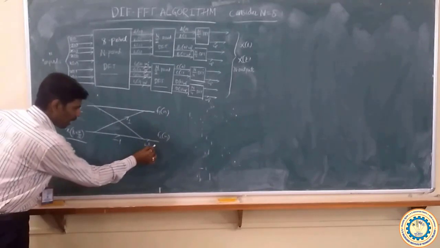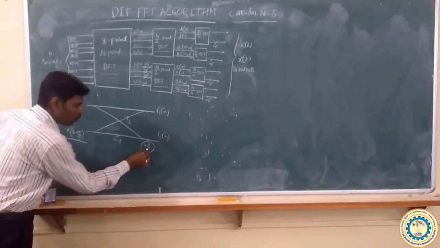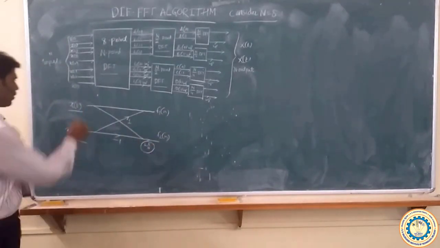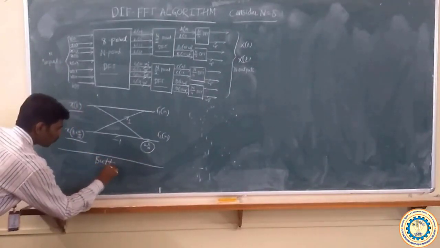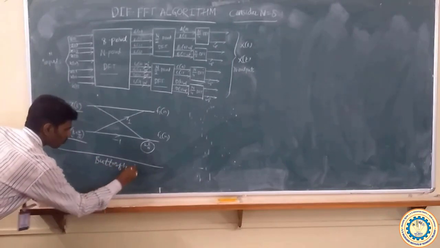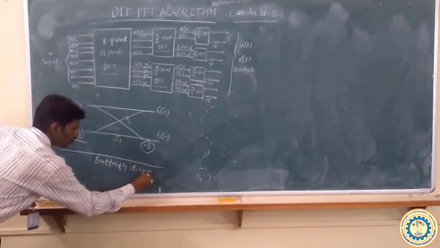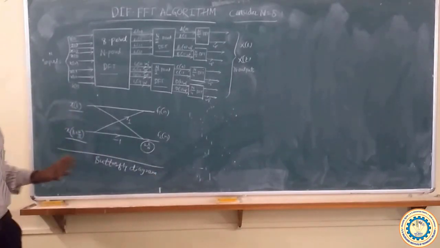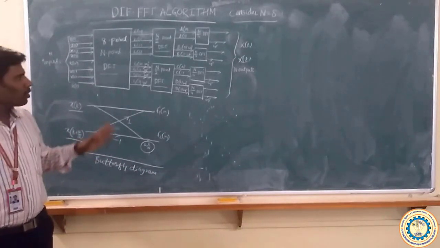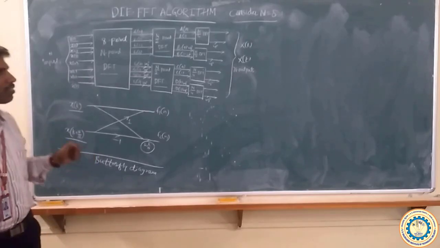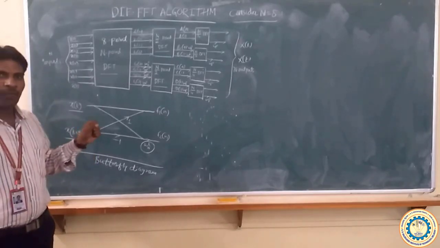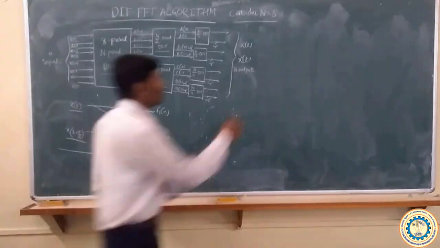And here I have the twiddle factor W N to the k. So this is the basic butterfly diagram. This butterfly diagram will be used to represent this block as a signal flow graph. Now let us see the signal flow graph for the 8 point DFT.